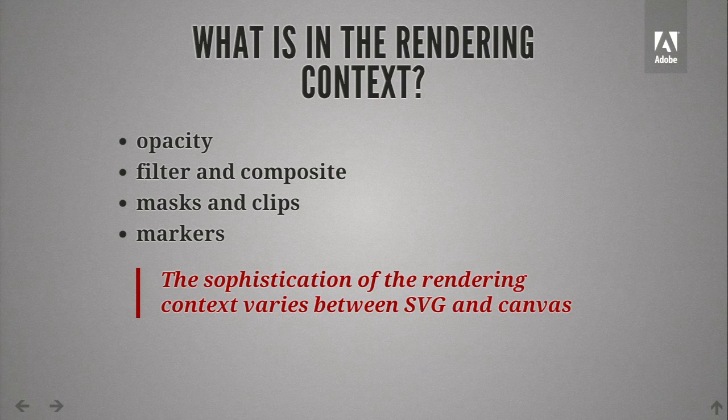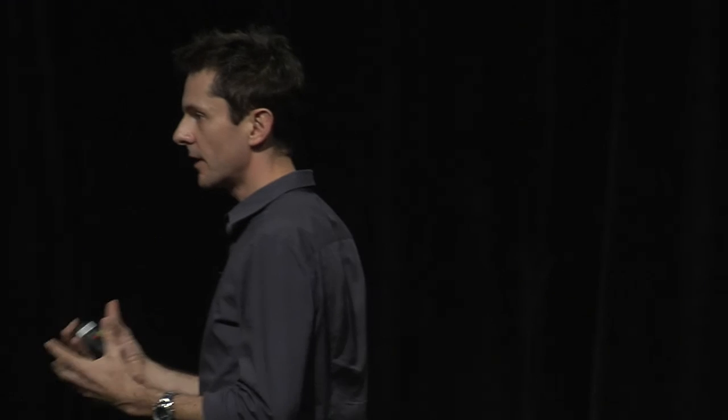You can process those pixels and do interesting things with them, like blurring them or creating a drop shadow. And likewise, you can do things with masking and clipping, to do, for example, a soft edge mask. And in SVG, you have markers. So that's a very generic definition of what a rendering context is. And of course, it's not exactly the same in Canvas and SVG. There are fairly wide differences between the two. But from a high level, it's very similar.